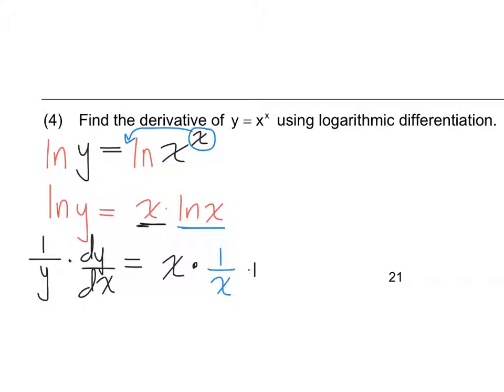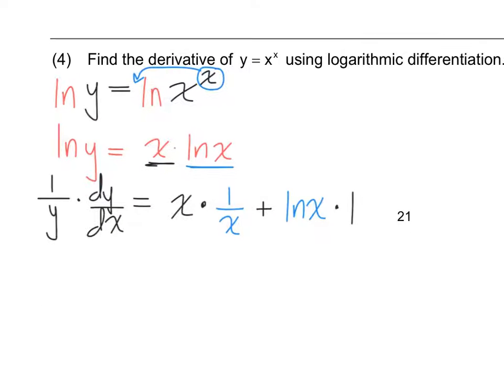Plus the second function, ln of x, multiplied by the derivative of the first function, which is just a 1, so no impact with that. This cleans up pretty nicely on the right-hand side to just 1 plus ln of x, and that's equal to 1 over y times dy dx.